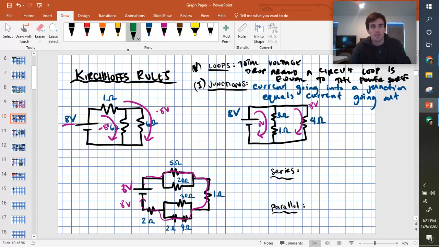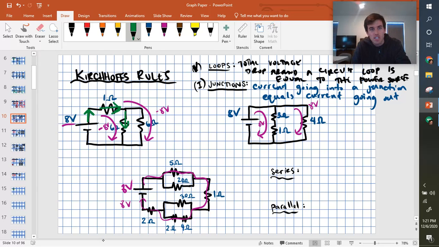So we'll do this in green. That basically means that whatever the current is going through the power source would be the same current that passes through the 1 ohm resistor, because it hasn't had anywhere to split.